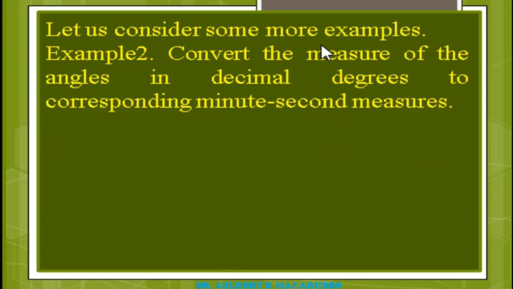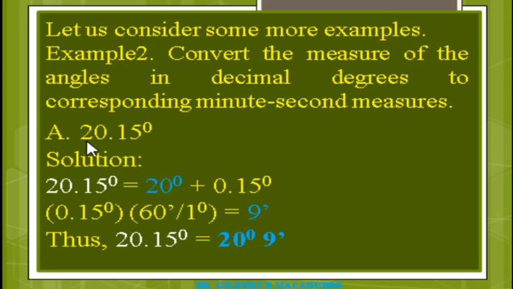Let us consider some more examples. Example number 2. Convert the measure of the angles in decimal degrees to corresponding minute-second measures. Letter A, 20.15 degrees. 20.15 degrees is just equal to 20 degrees plus 0.15 degrees.